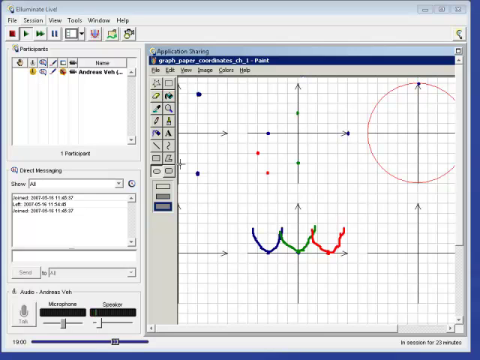So there we go. And here's the straight line through these 2 points. There we go.